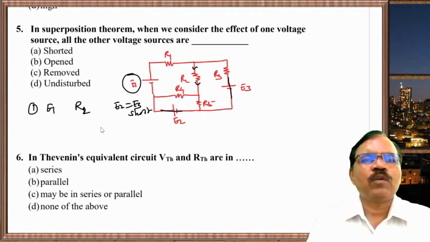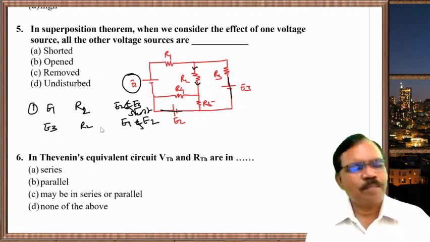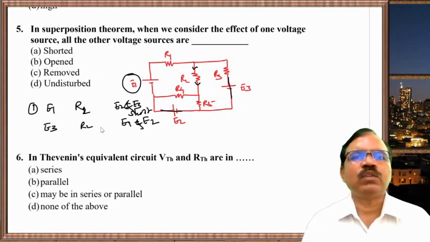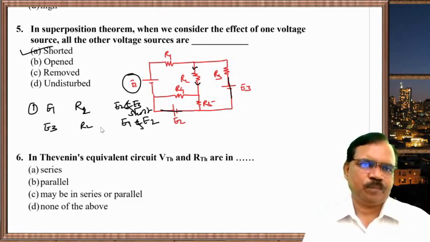Then when we want to find it due to E3 through R2, we short E1 and E2, and so on, and then combine the effect of each source individually. So all other sources are shorted.